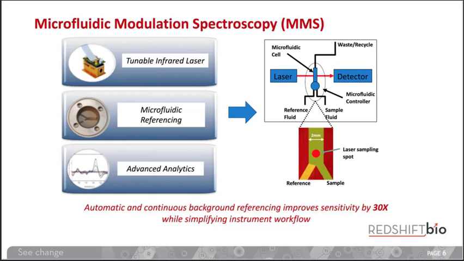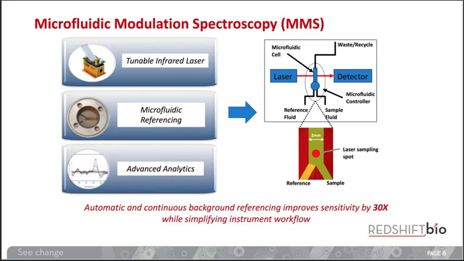And it's really built upon 3 key components, which are shown on the left: a tunable infrared laser, microfluidic referencing performed with a fluid cell, and the third piece is our advanced analytics. These 3 are integrated together onto a platform which basically works as follows. On the right here, you see a schematic that shows laser absorbance spectroscopy.